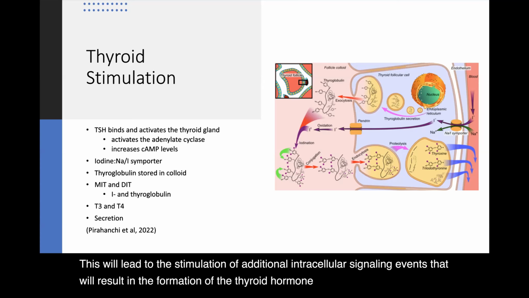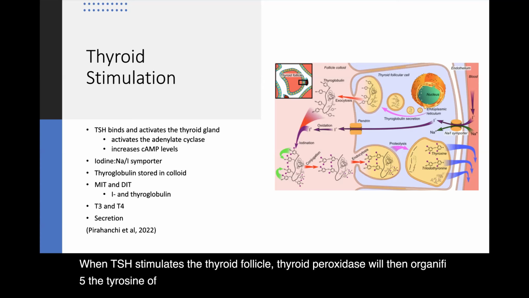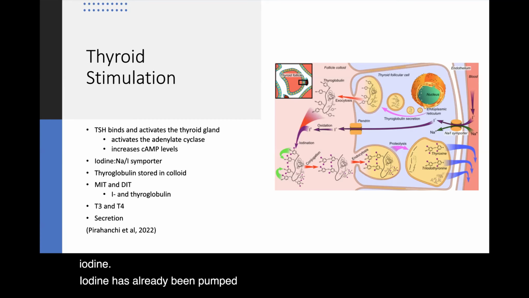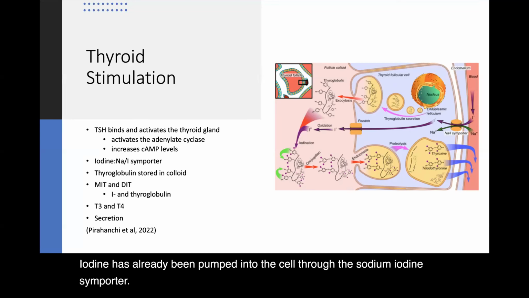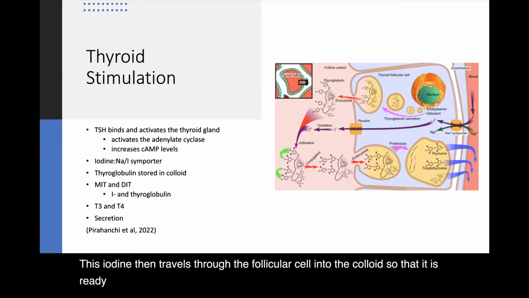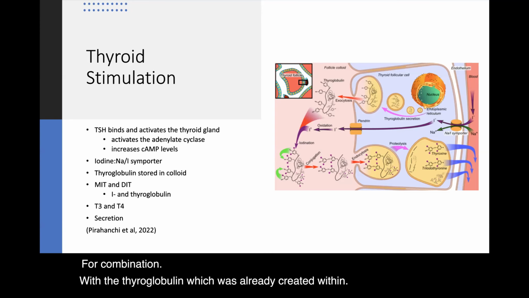When TSH stimulates the thyroid follicle, thyroid peroxidase will then organify the tyrosine of the thyroglobulin molecule within the colloid to iodine. Iodine has already been pumped into the cell through the sodium iodide symporter. This iodine then travels through the follicular cell into the colloid so that it is ready for combination with the thyroglobulin, which was already created within the thyroid tissue.